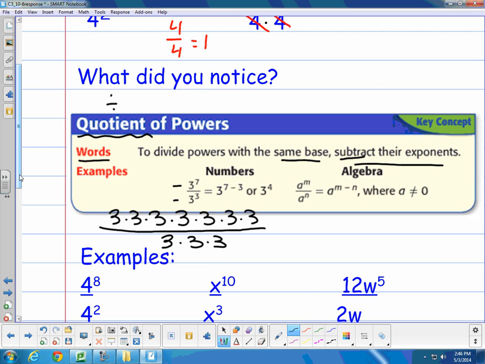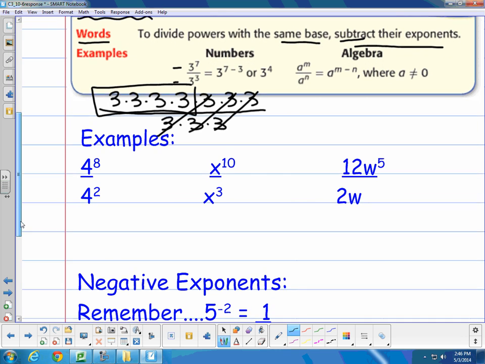So I can do that canceling, and if I get rid of these, I'm left with 4 3's multiplied by themselves. So that does help me check my answer and know that I am on the right track.